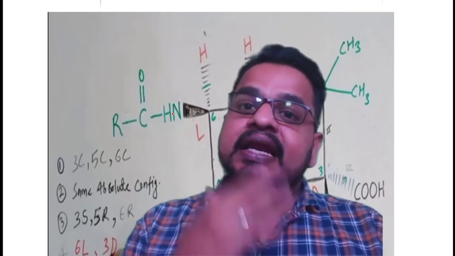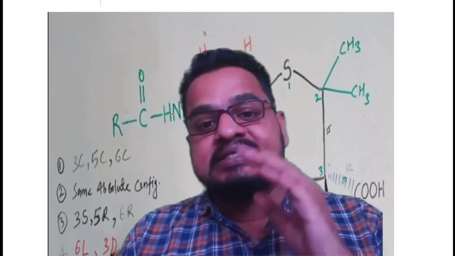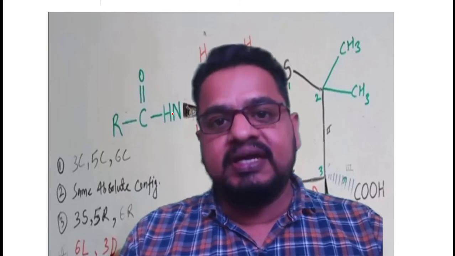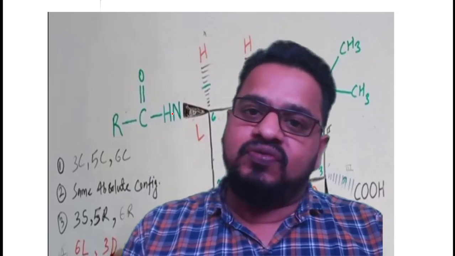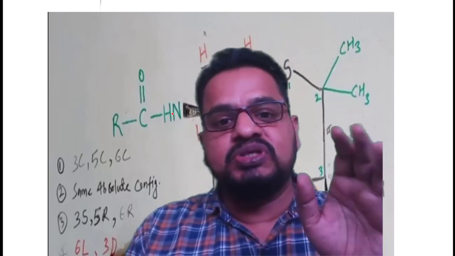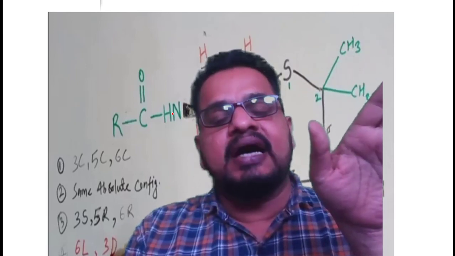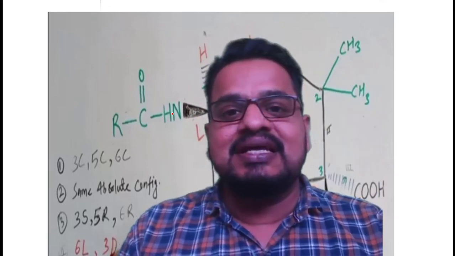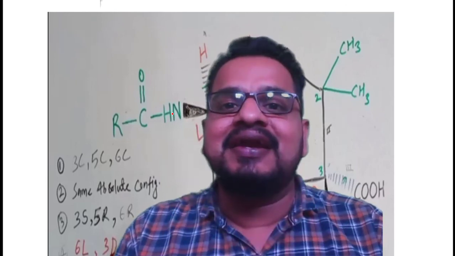And the relative configuration to glyceraldehyde is what? The sixth carbon is having the L relative configuration, and the third carbon is having the D relative configuration. And to that penam ring, the third position and sixth position, that is the acyl group, the CONH group and the carboxyl group, these two groups are trans to each other. So this is the stereochemistry of penicillin and the related derivatives.